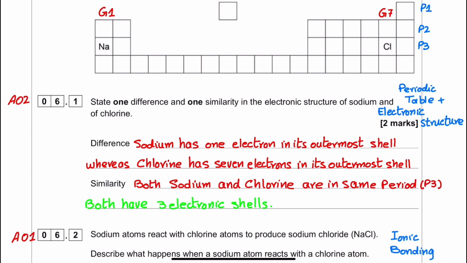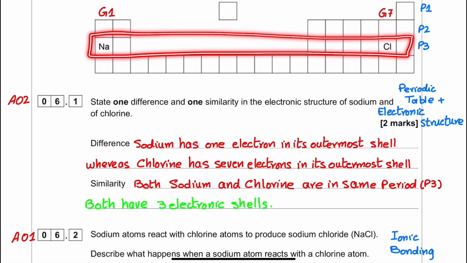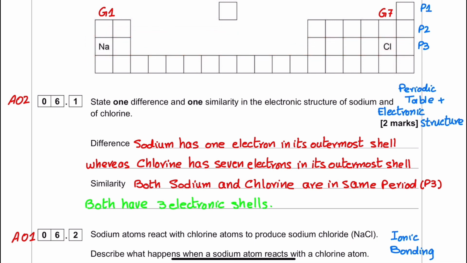Now we have to see the similarity. If you look here, both are in the same row. So this is period number 1, period number 2, period number 3. Sodium and chlorine both are in period number 3.